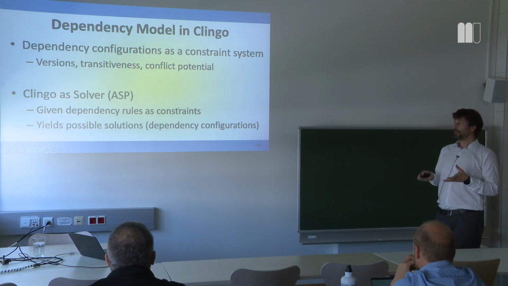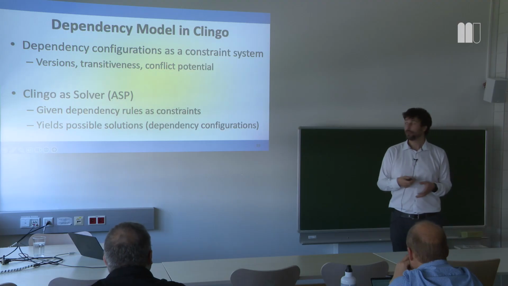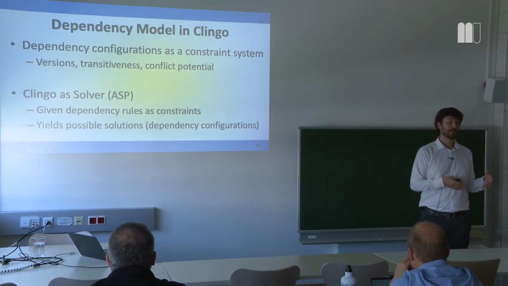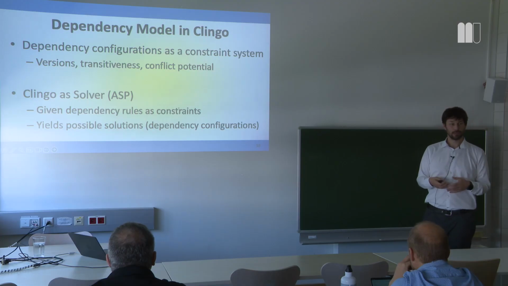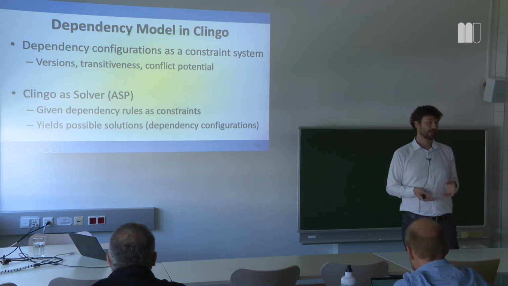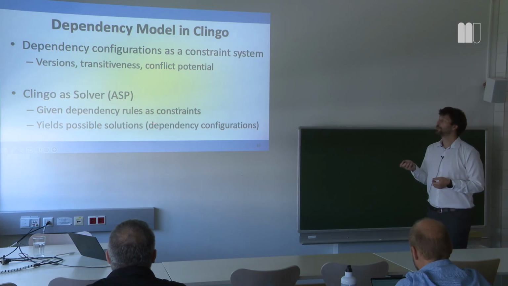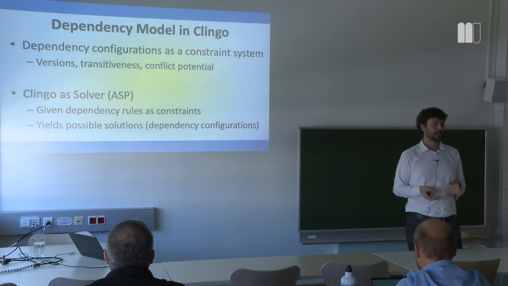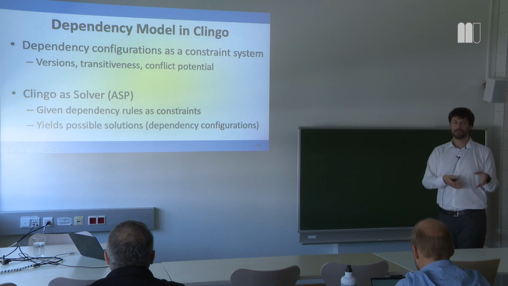What is the cool thing with that? First, we have a checking mechanism, so we can identify with Clingo pretty easily which smells are occurring and how often they are occurring. And as Clingo also offers the possibility to give you solution candidates, this is quite handy for us, because we only have to ask, give us possible solutions that do not violate any of the constraints, for example, do not have any jump calls, avoid conflicts, and so on.